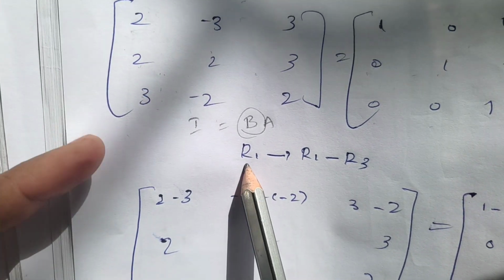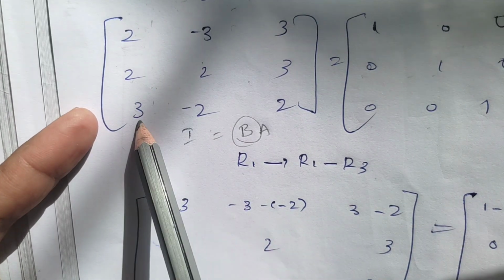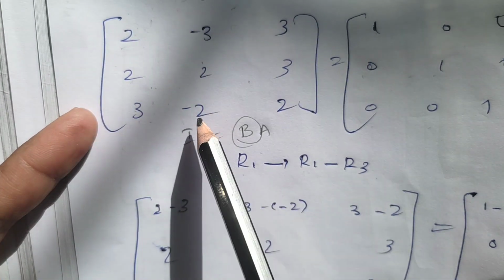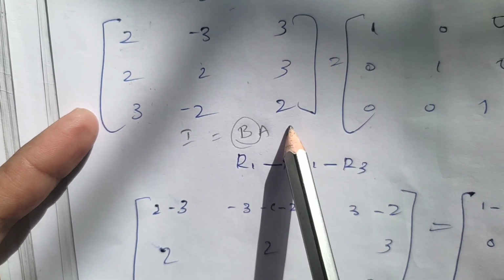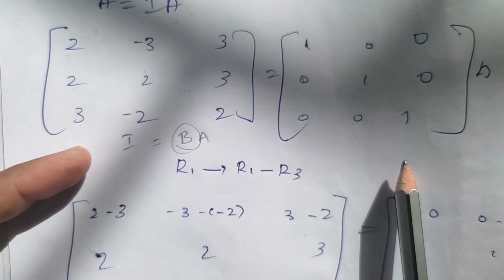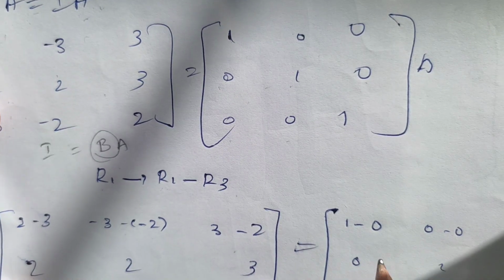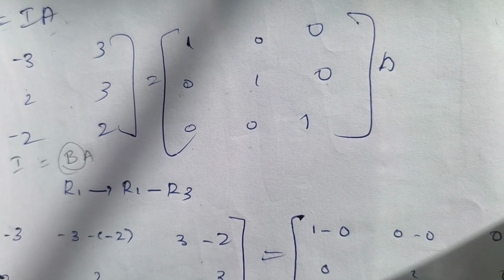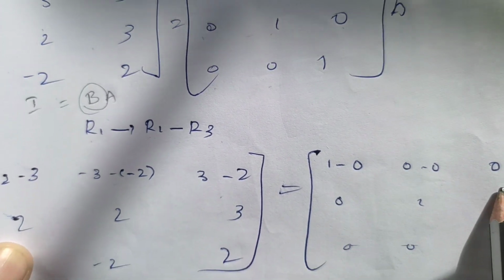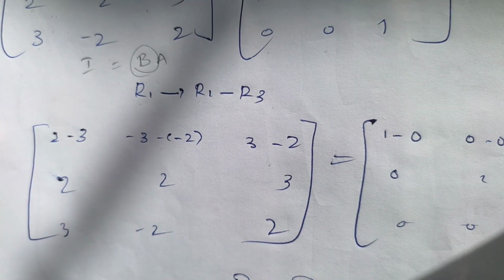So always R1 is taken first, R1 minus R3 is done. 2 minus 3, minus 3 minus into minus 2, 3 minus 2. Next the same thing is followed on the RHS also: 1 minus 0, 0 minus 0, 0 minus 1. R2 and R3 are kept as they are.